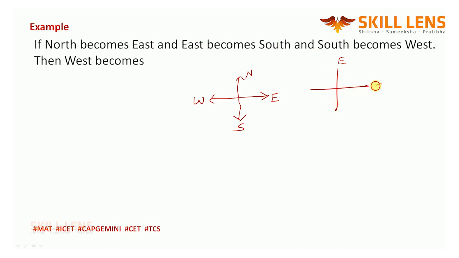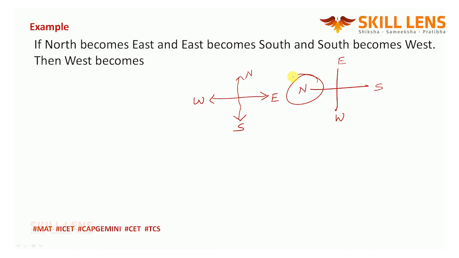South is here, it came here. East is here, it came here. So north will come here. West is going to come here. South becomes west, obviously. Then west becomes north.